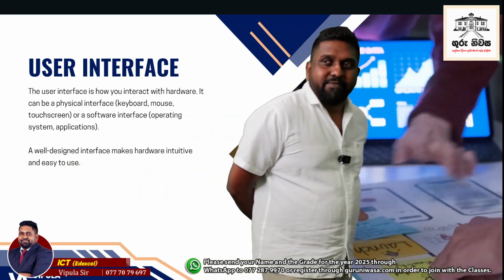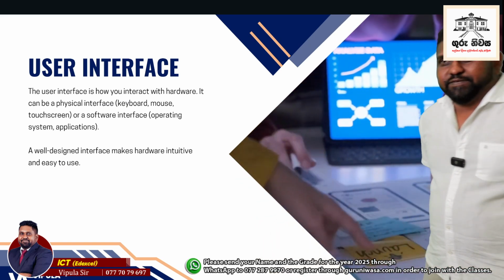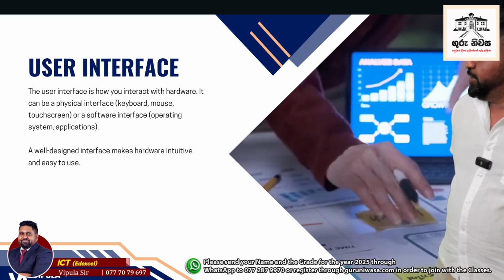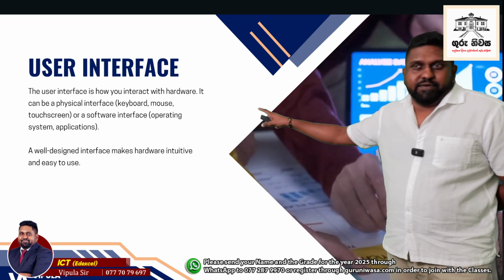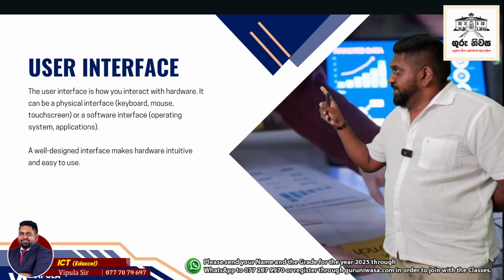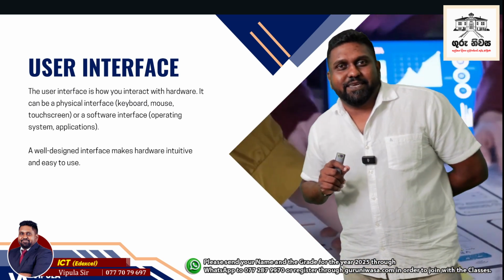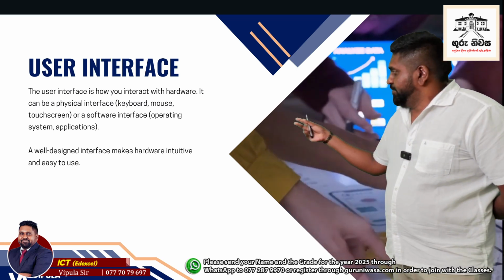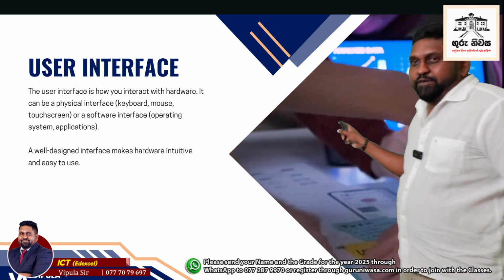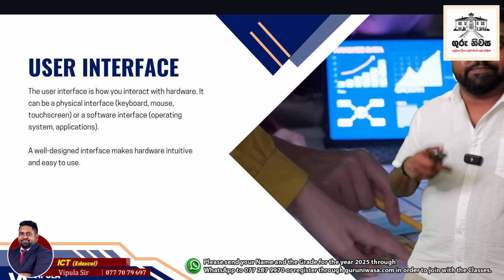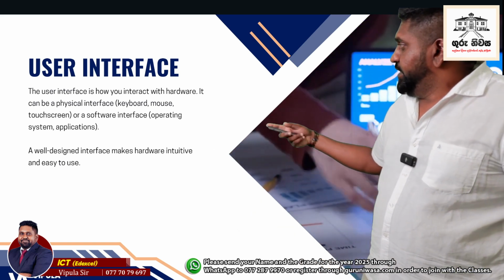Now read the explanation. It says user interface. The user interface is how you interact with the system and how you interact with hardware, right? Plus, it can be a physical interface as well, right? It can be a keyboard, a mouse, or a touch screen. And as I just said before, we have the software interfaces, which can be multiple things.